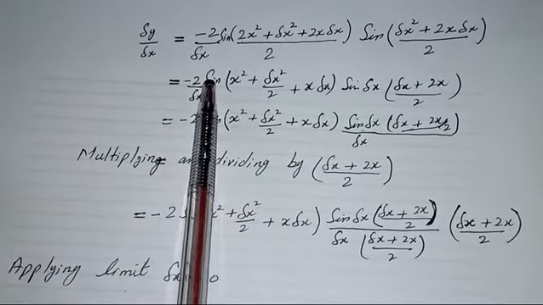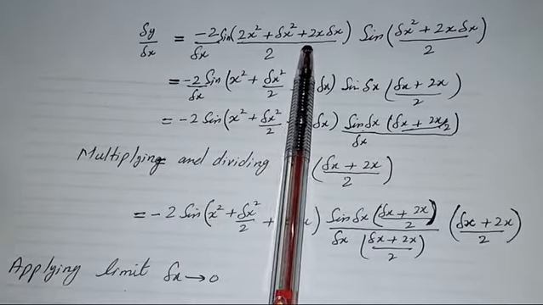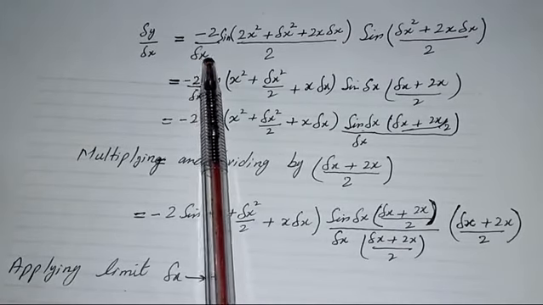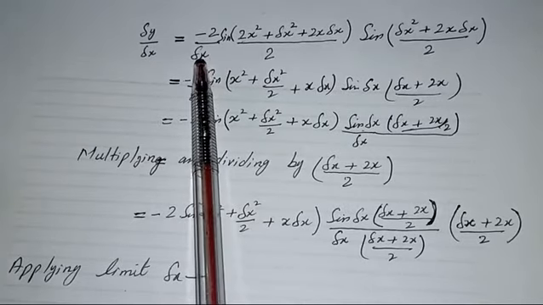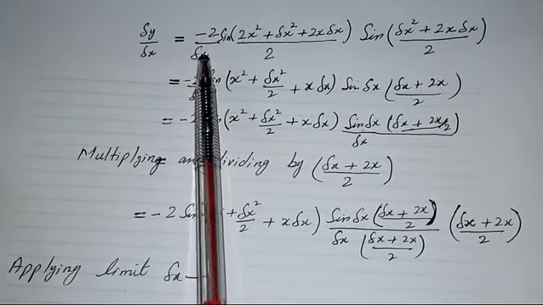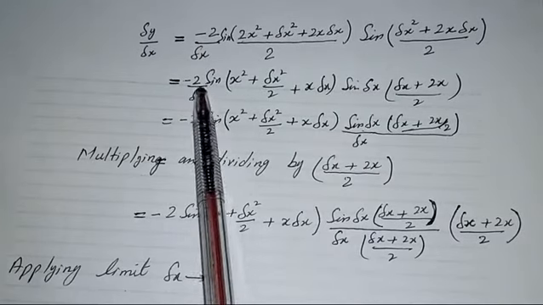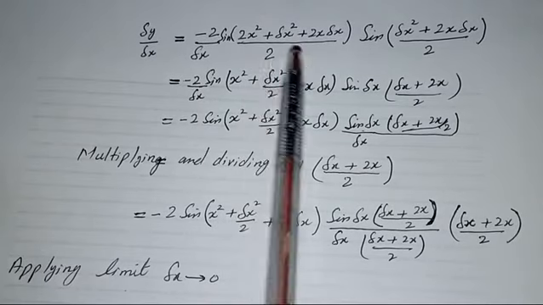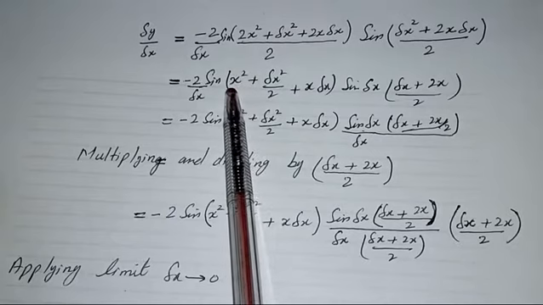Delta y over delta x is equal to minus 2 sin (2x square plus delta x square plus 2x delta x) over 2, while this delta x is divided on both sides on all terms. So we have written this delta x under the denominator of minus 2, so it is in multiplication of all this complete term. Minus 2 sin, over delta x, 2x square over 2 cancel, left behind x square.